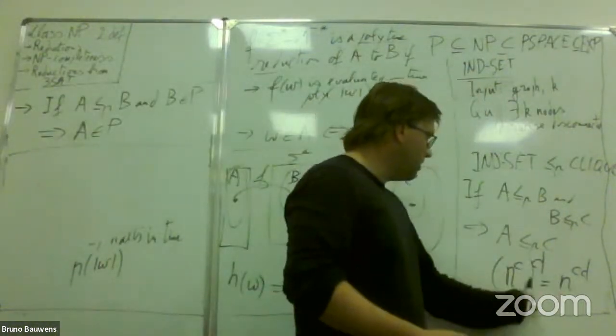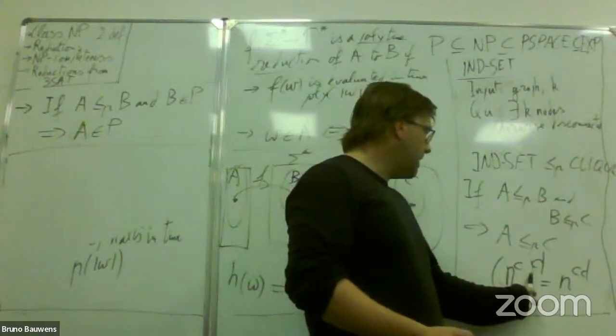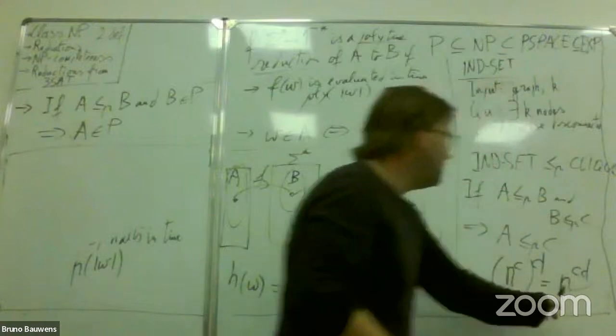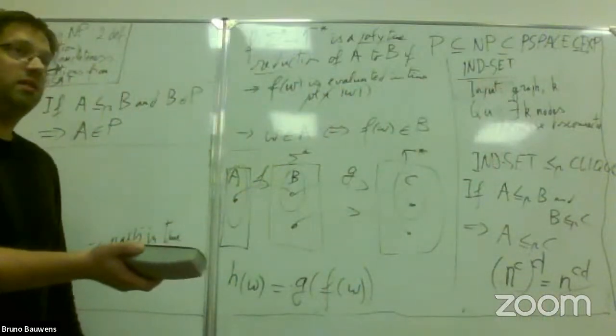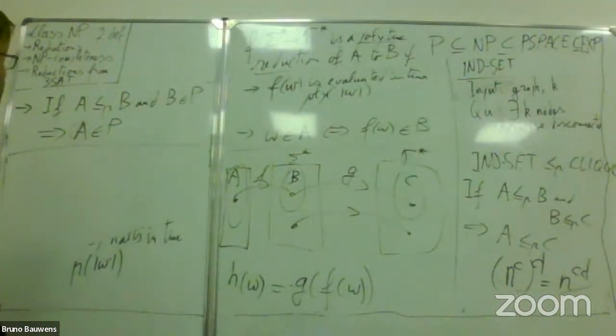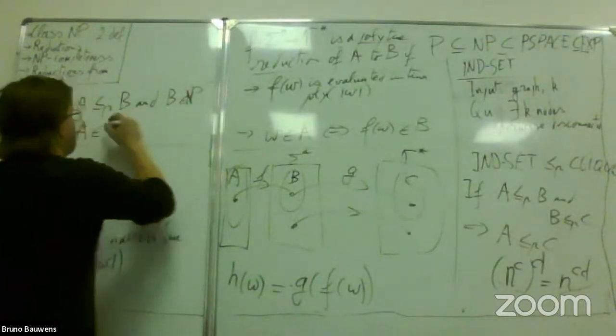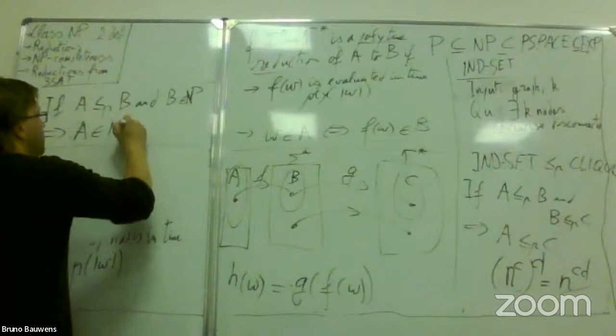We run the reduction, and if the decider runs in input length to the power D, the combined decider is n to the power CD. The same is true for NP. Then A is also in NP.